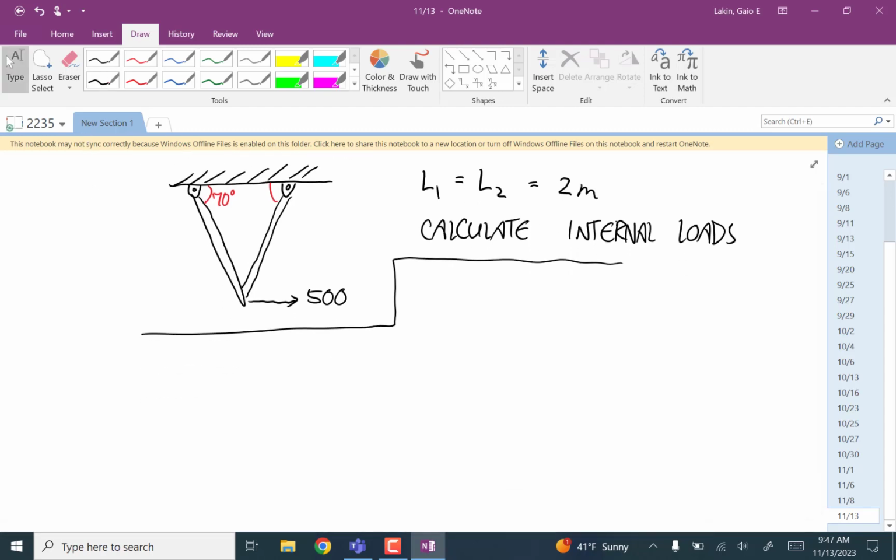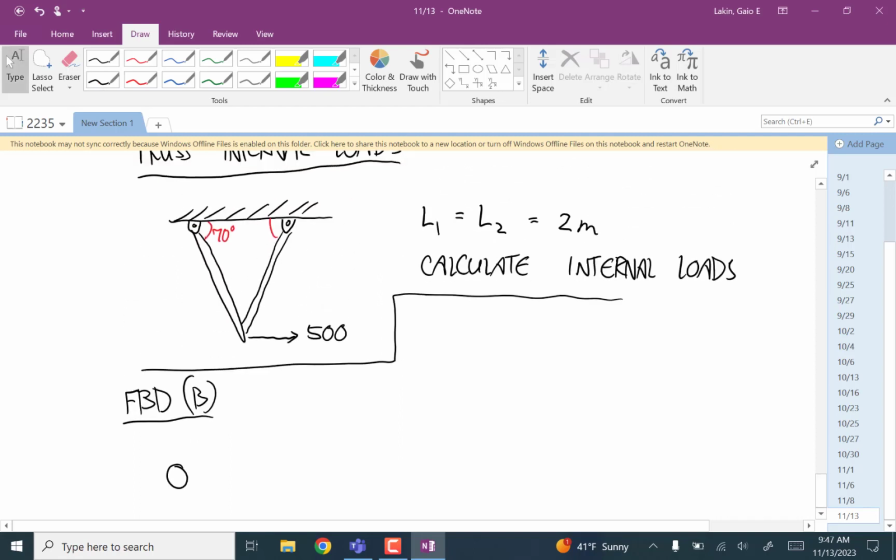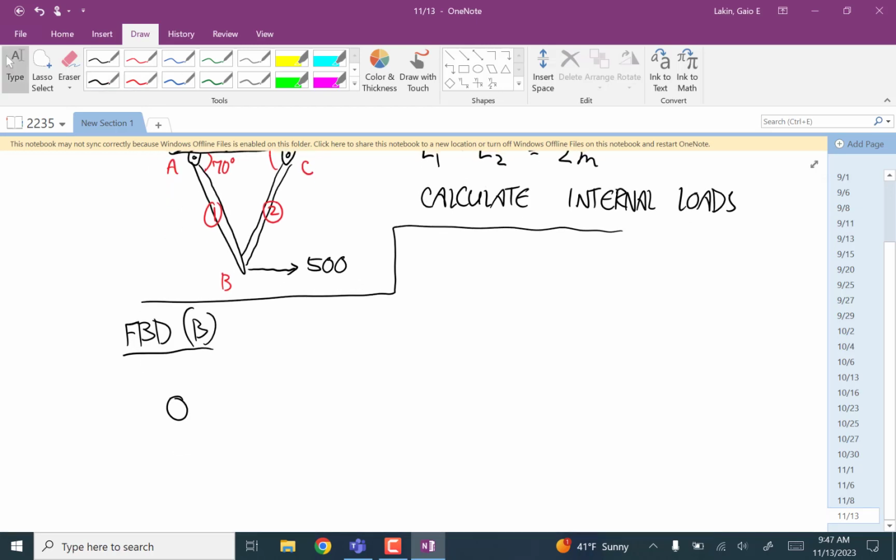So I'm just going to isolate that pin B. If I call this body 1, this body 2, A, B, C, then the forces at B are, I'll call this F1, F2, and then 500.